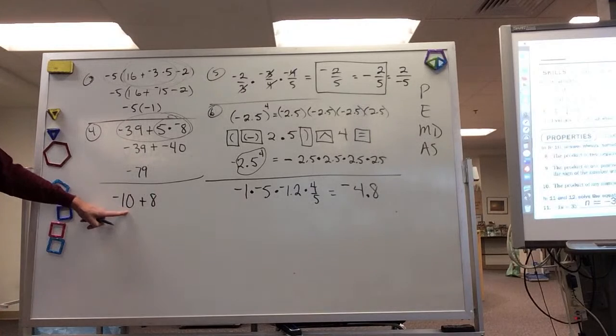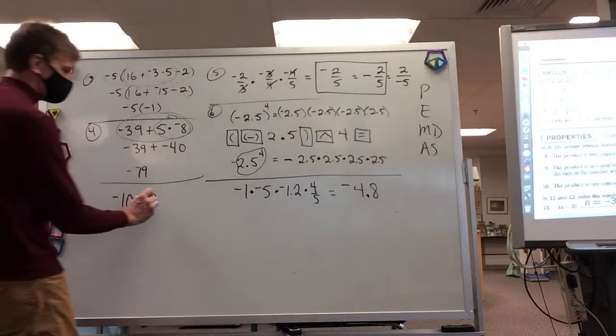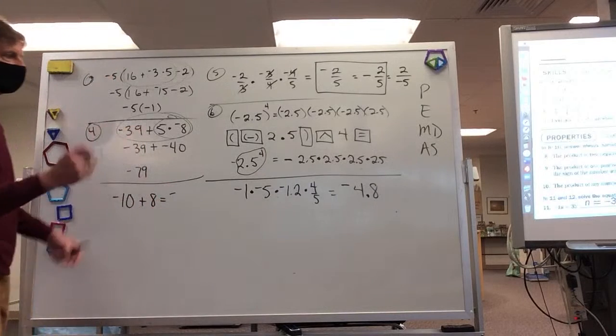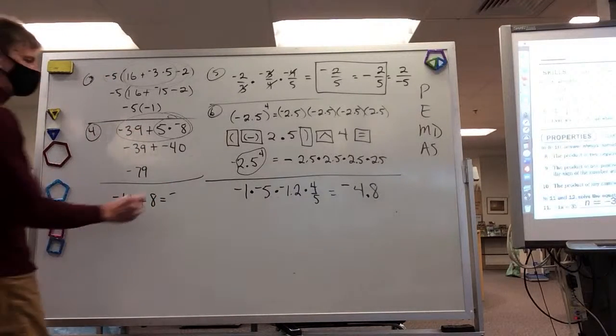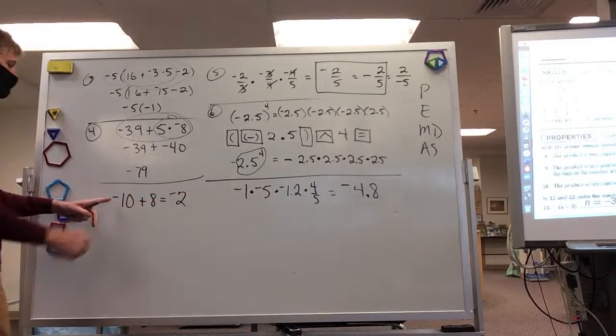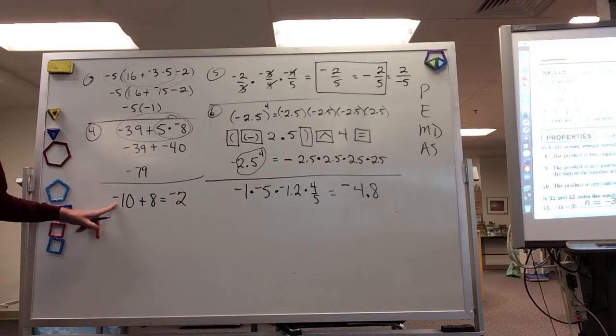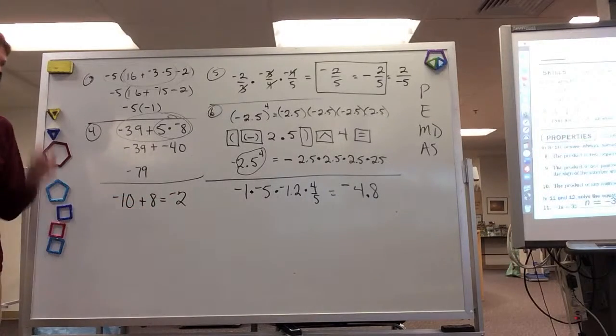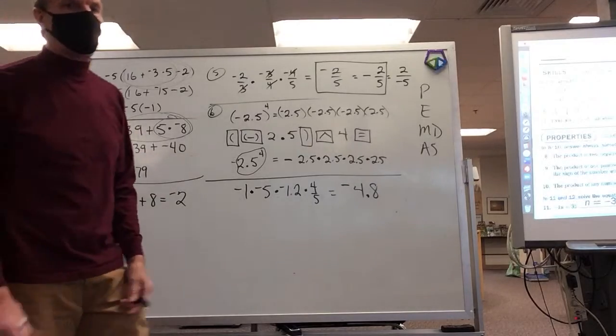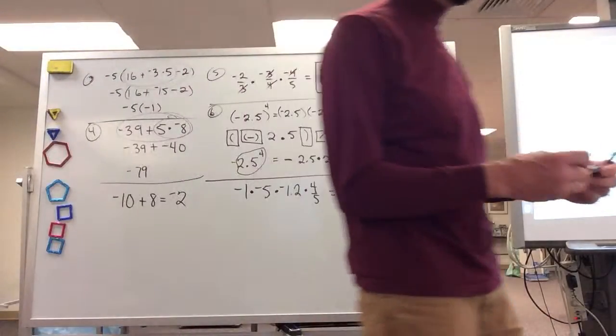This has a larger absolute value, therefore it's the sign of the answer. And that's one thing that they treat as a rule for adding integers. And then you take the one that has the larger absolute value, that's the sign, and then you subtract the absolute values, that's the answer. That's not necessarily how I taught you, but that's okay if it works for you.